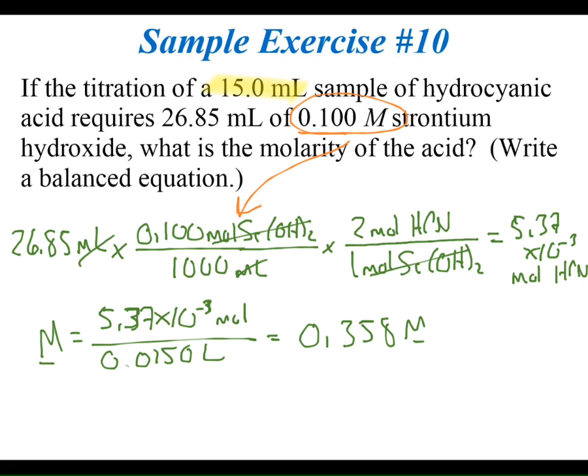So this volume became this down here, right? Okay, questions? It's pretty similar to what we've done in the past, just slightly different. But still using molarity, still using mole to mole ratio.